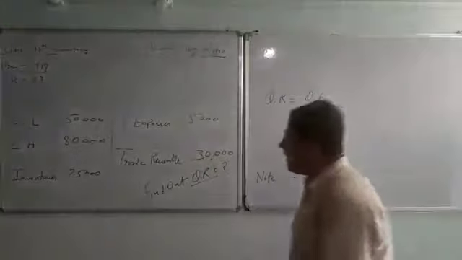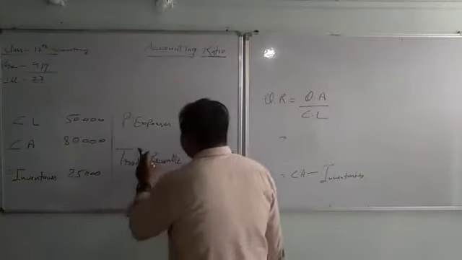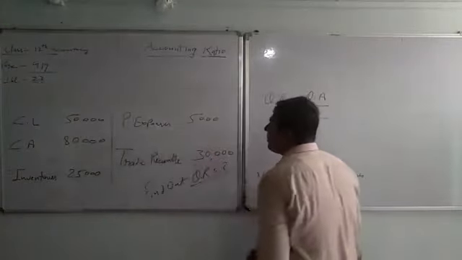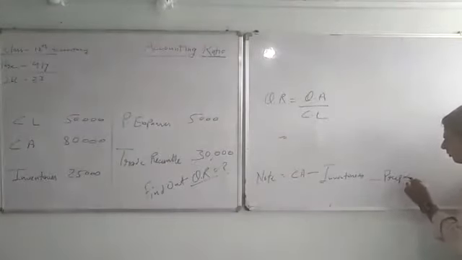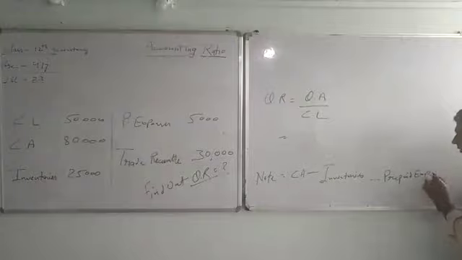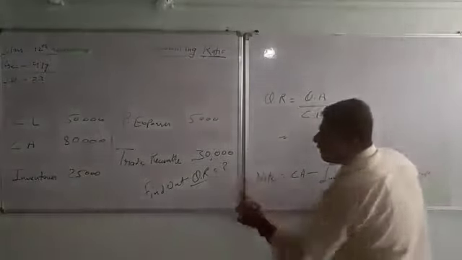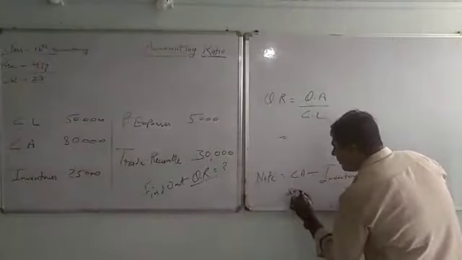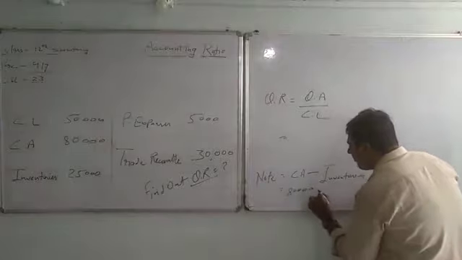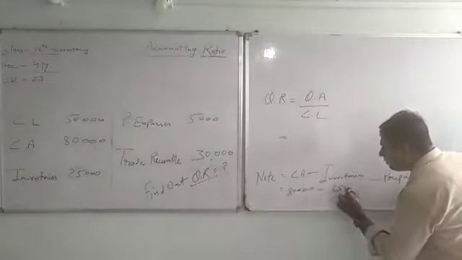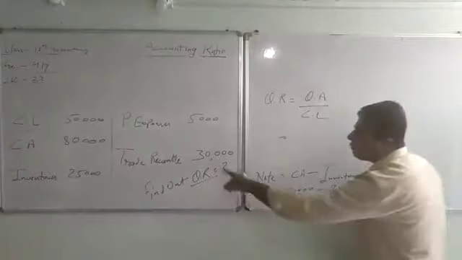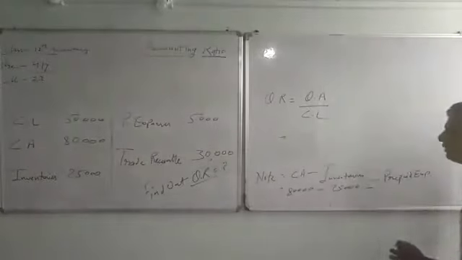Then again, prepaid expenses also do not come under it. So current asset 80,000 minus inventory 25,000 minus prepaid expenses 5,000.